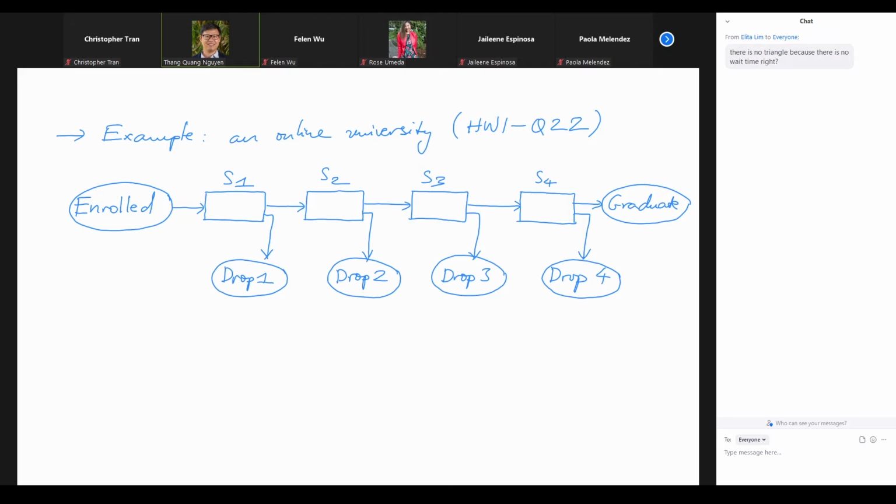And we have 4 stages or 4 activities or 4 steps. Yeah, this is homework 1, question 22. I'm helping you with that question right now. If you do this on your own, it might be very difficult, right?